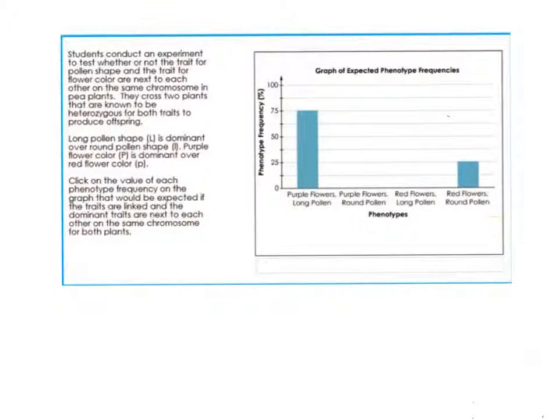Students conduct an experiment to test whether a trait for pollen shape and a trait for flower color are next to each other. They cross two plants that are known to be heterozygous. I think this is where people get confused.